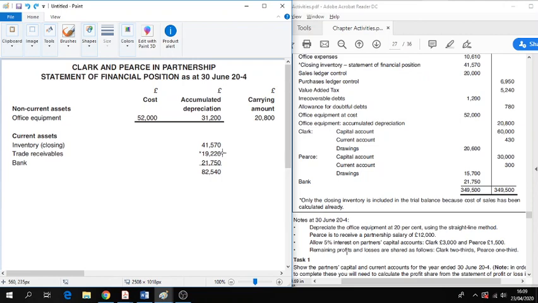And again, this is something that you should know. Sales ledger control, this is what customers owe us. They owe us £20,000. However, we have made a provision that some customers, we have estimated that some customers may not pay.